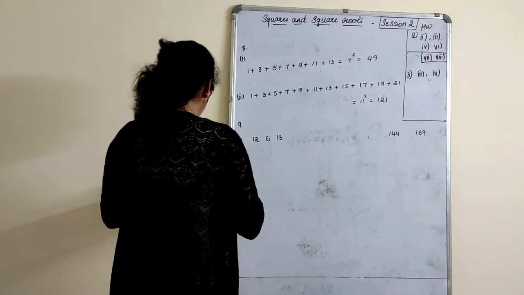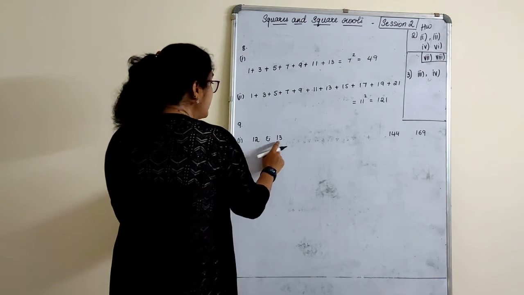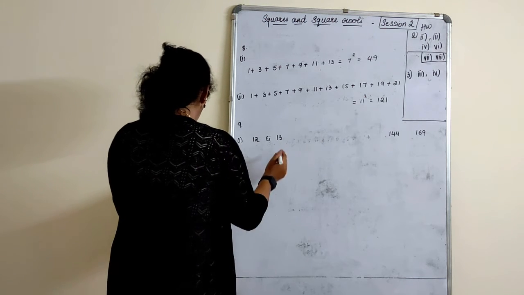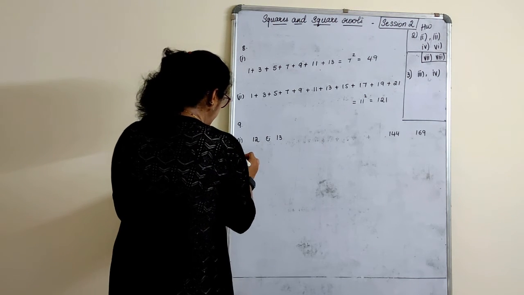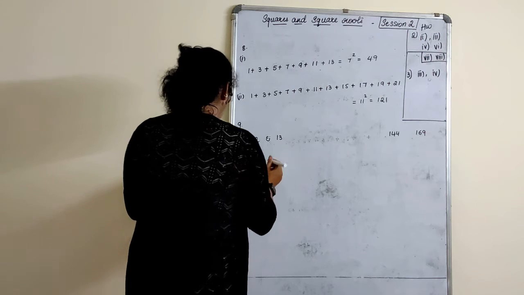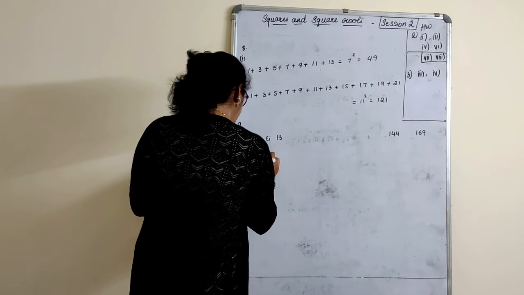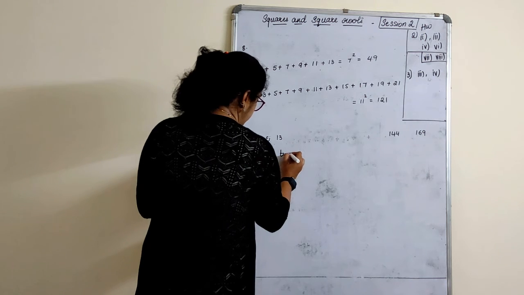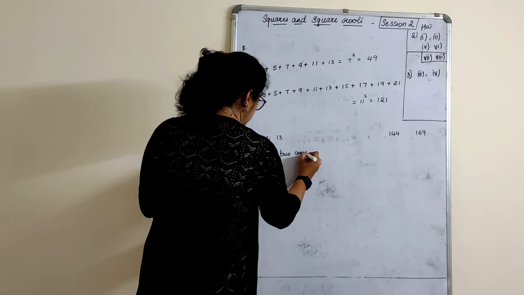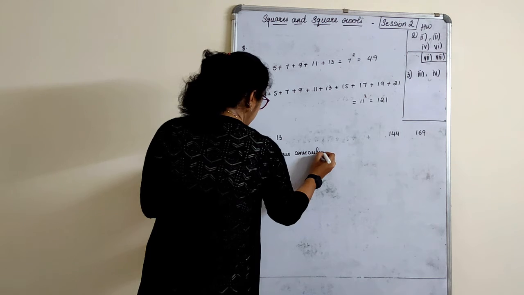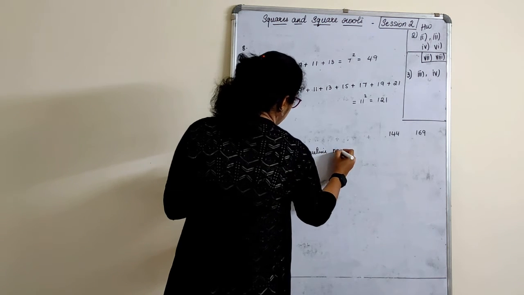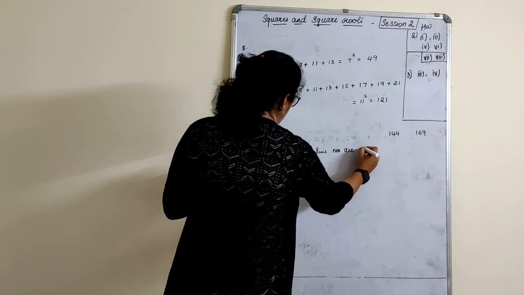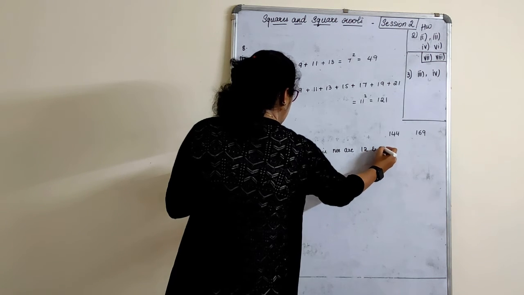So what formula we'll write here is, always the given numbers are consecutive numbers. So solution: given two consecutive numbers are 12 and 13.